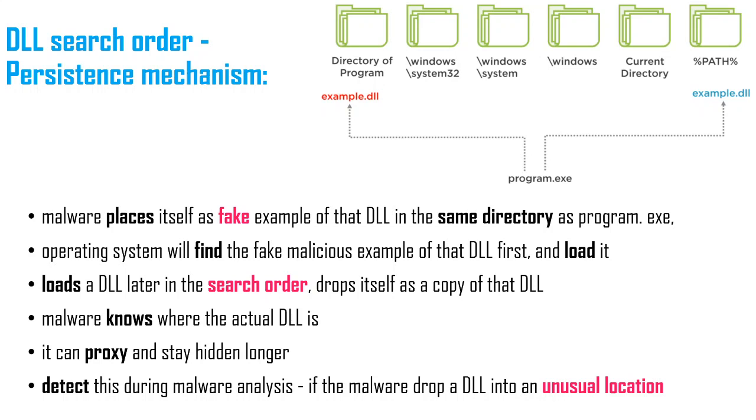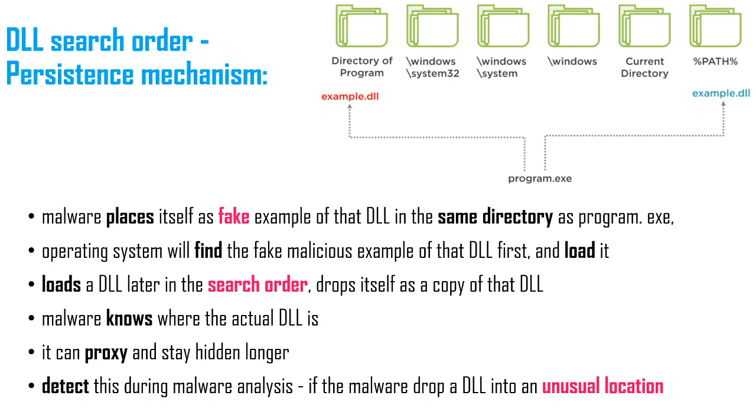So every time that particular exe executes, it uses the fake example.dll from any of these search order folders, and it shows persistent behavior. So this kind of DLL search order persistence mechanism also exists so far in this digital world.